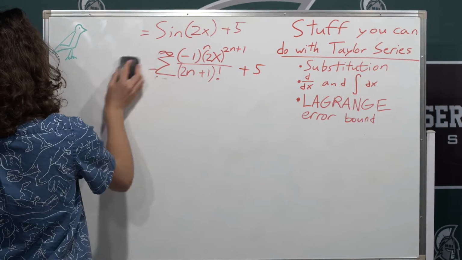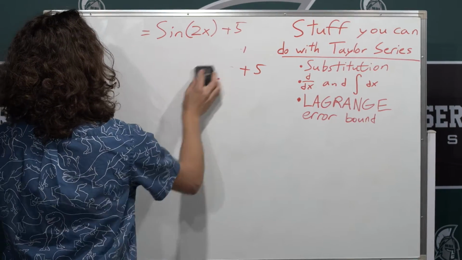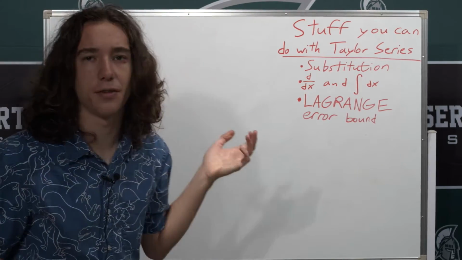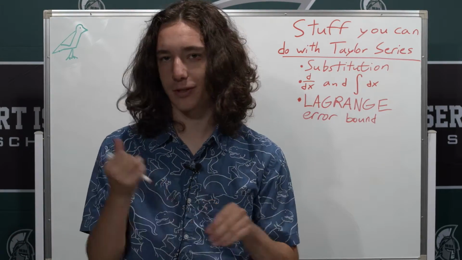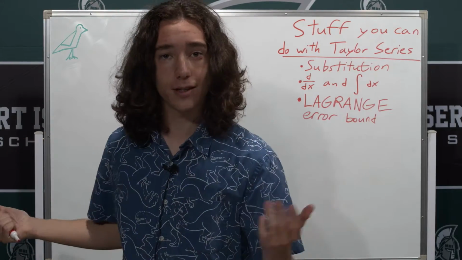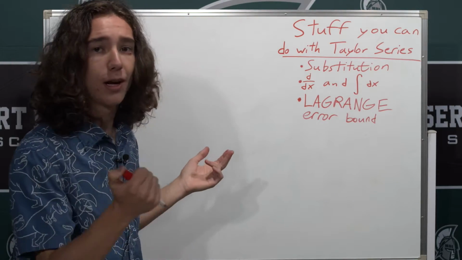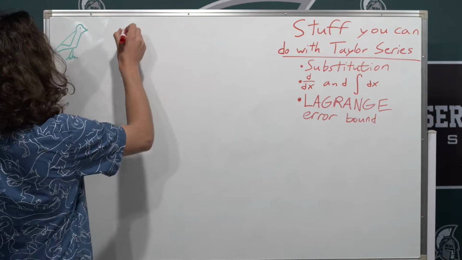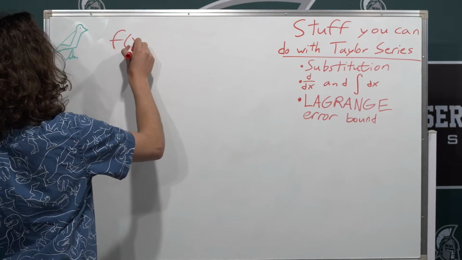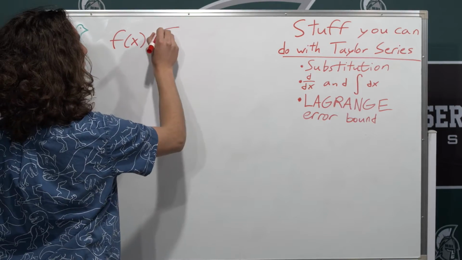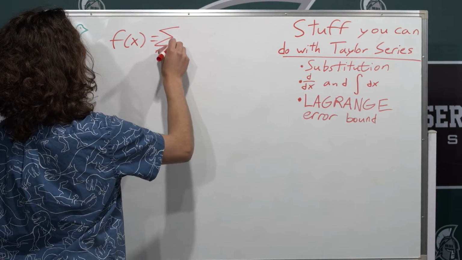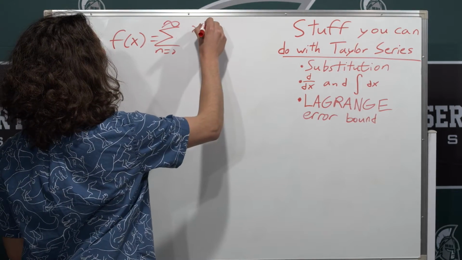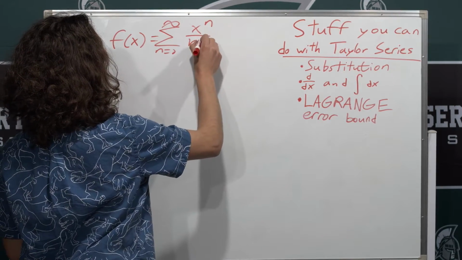Another thing you can do with these Taylor series is calculus-y stuff. We did a little bit of algebra-y stuff with substitution. You can also do calculus-y stuff with differentiation and integration. Say, for example, I've got f of x is the sum of x to the n over n to the fifth.